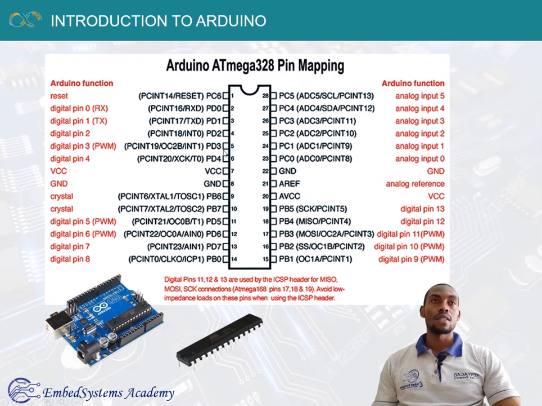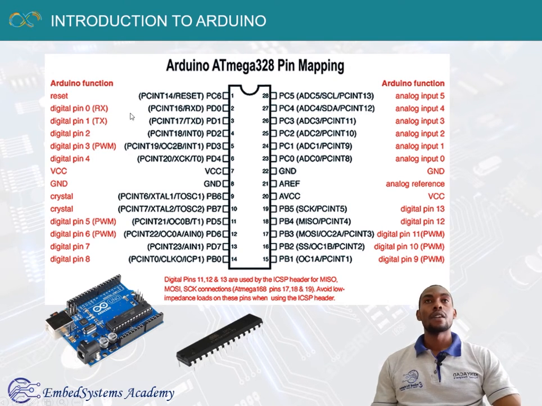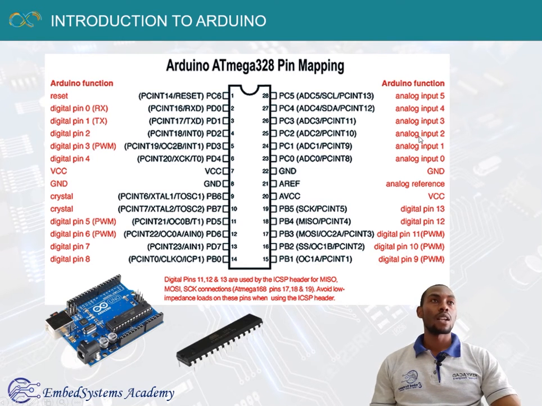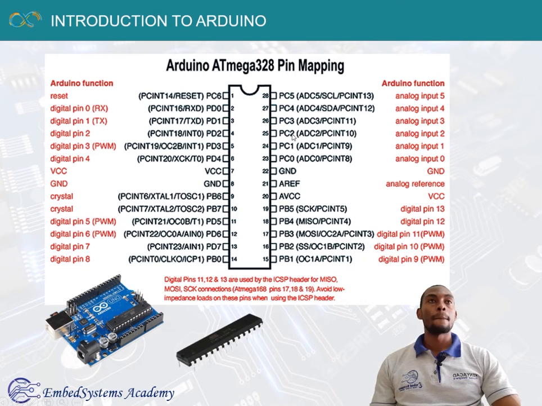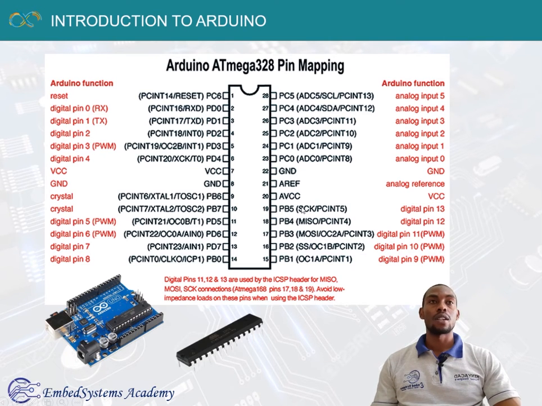For instance, the pin C6, which is port C, pin 6 of the Atmega 328, is the reset pin of Arduino. And then, for example, the analog input 2 of Arduino is the pin 2 of port C in Atmega 328. So we will see this clearly even as we go forward.